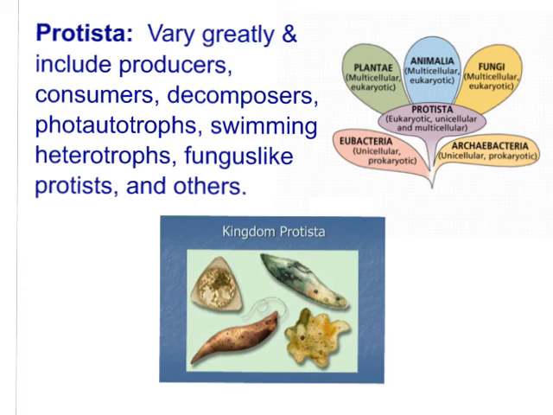So they are producers sometimes, consumers sometimes, decomposers sometimes. Some of them are autotrophs. Some of them are swimming heterotrophs, which are also called protozoa. Some of them are fungus-like protists, and there are many others. They vary extremely much between organisms. So it's a very broad category of organisms.